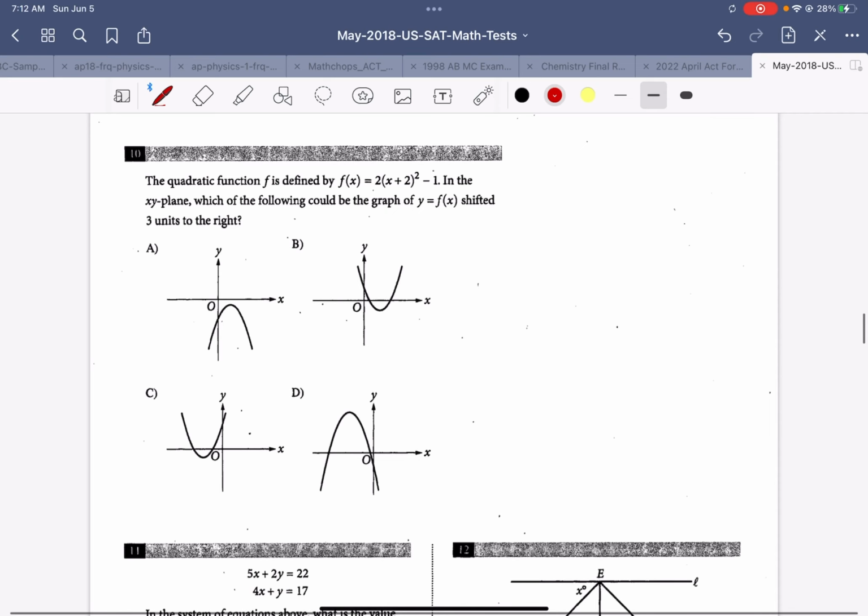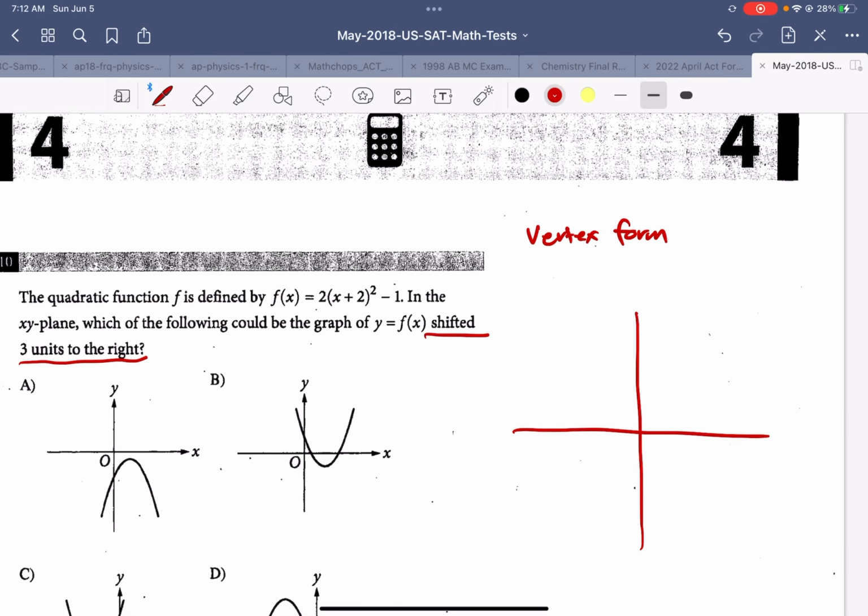Number 10. Quadratic function f of x equals 2 times (x plus 2) squared minus 1. In the xy plane, which of the following could be the graph of y equals f of x shifted 3 units to the right? So first of all, if you draw f of x, your vertex form of the quadratic function is y equals a(x minus h) squared plus k.